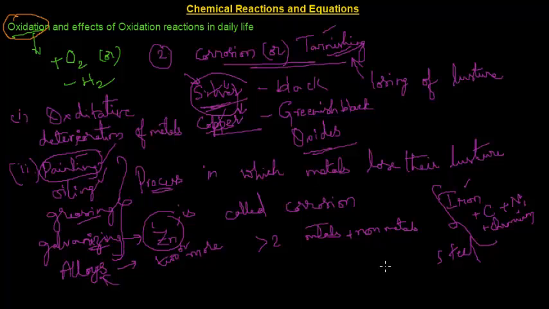What is the use of forming an alloy? Alloy gives desirable characters. What do we desire for any metal? We desire it to be light in weight, hard, and strong.